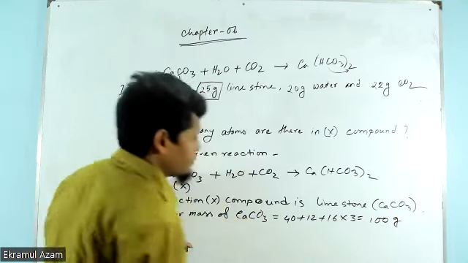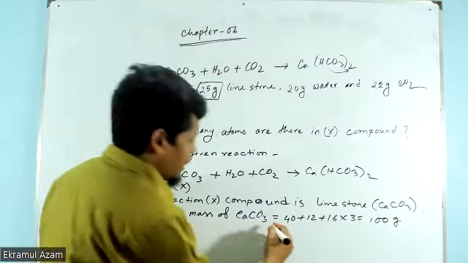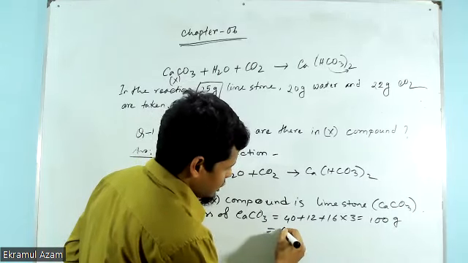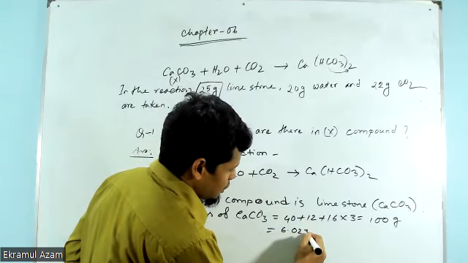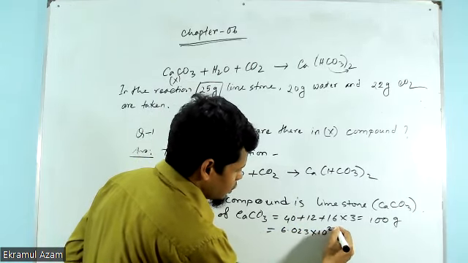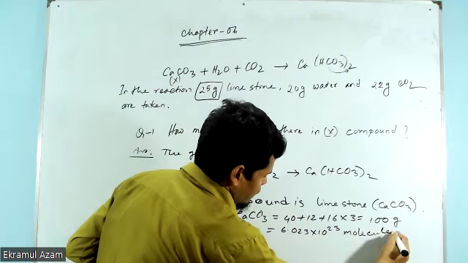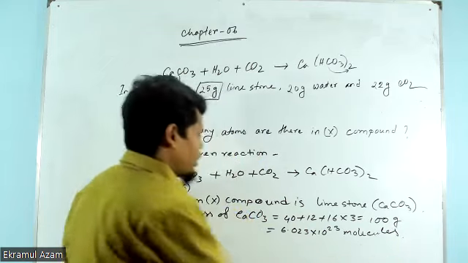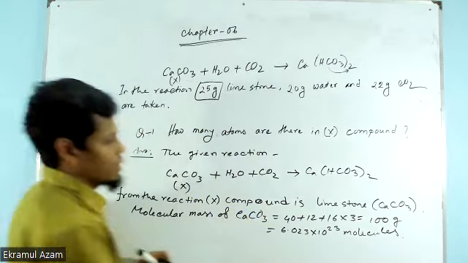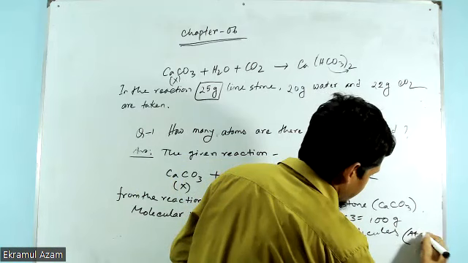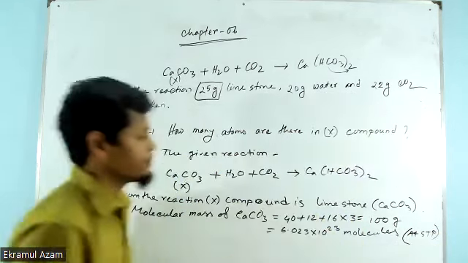100 gram equals 6.023 into 10 to the power 23 molecules. At first you should determine the number of molecules. You can write here at STP.